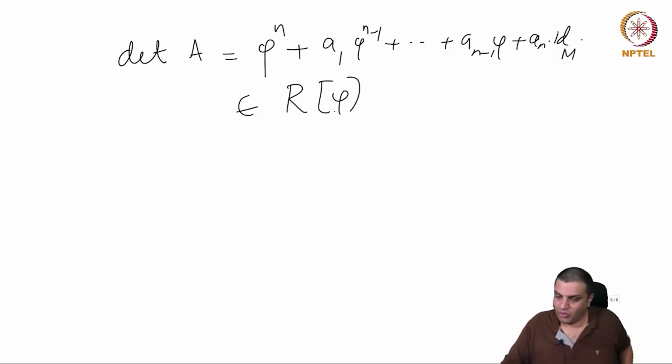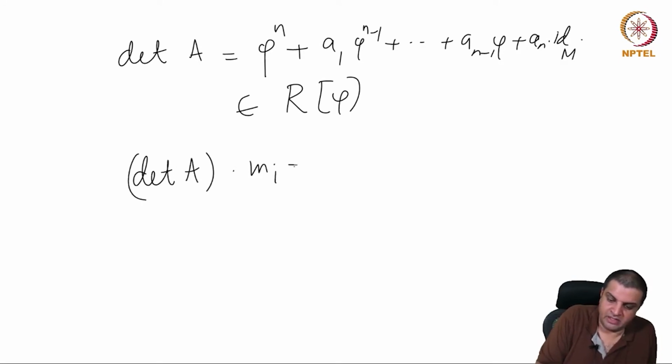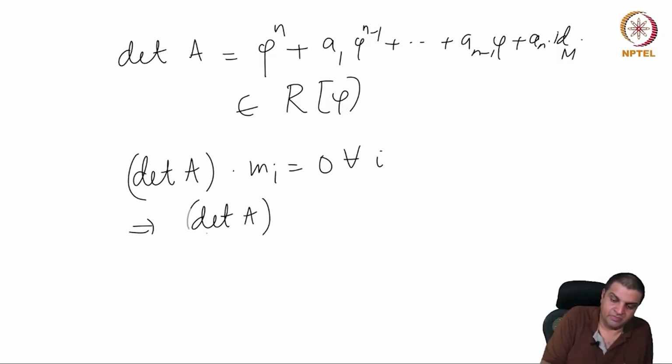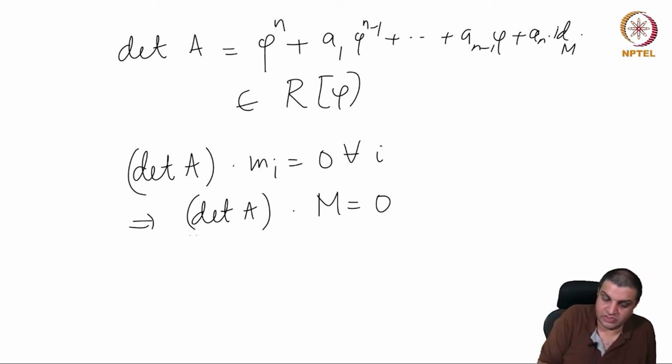But what does it say? It says the determinant of A times mi is 0 for all i. In other words, the determinant of A times m is 0. In other words, this is a 0 map.